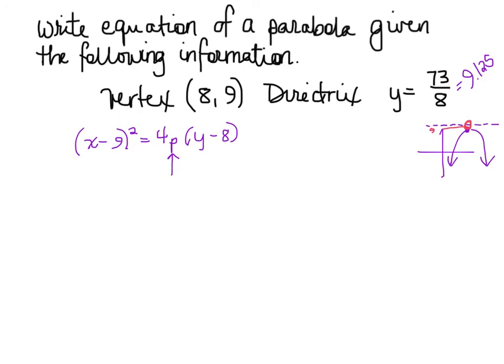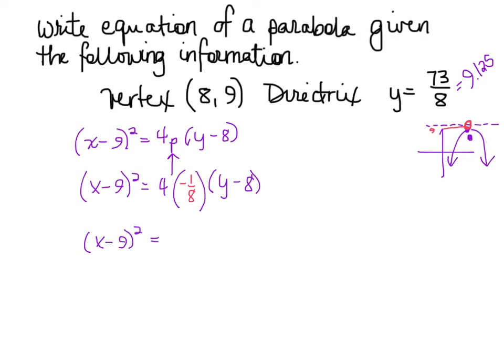So now we have to decide, is it x minus 9 squared equals 4 times positive 1/8 or negative 1/8? Well, since my focus is going to be down here 1/8, it would have to be a negative 1/8. So my final equation would be x minus 9 squared equals negative 1/2 times y minus 8.